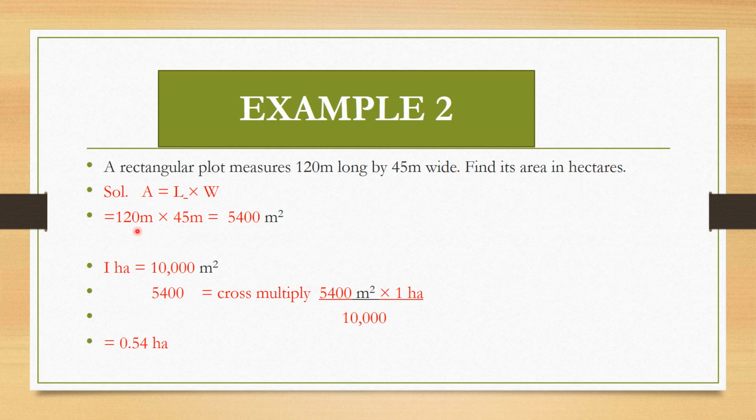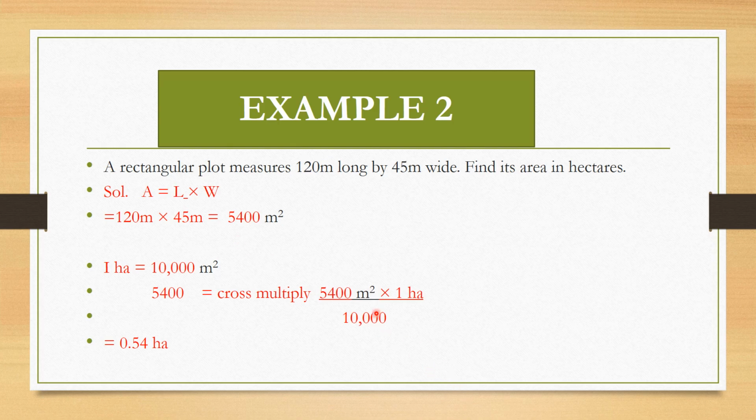How do you convert it? Like I told you earlier, 1 hectare is equivalent to 10,000 meters squared. What about this meters squared? That is 5,400. Then you cross multiply. It will be 5,400 times 1 hectare over 10,000. Or you can just say this area of mine, I'm going to divide it by 10,000 to change it to hectares. If it is ares, you divide by 100.